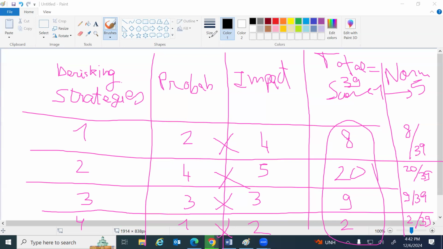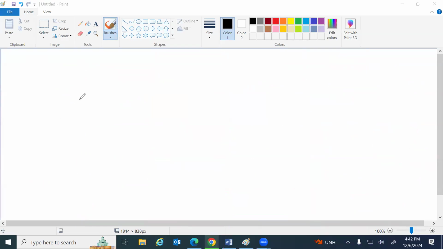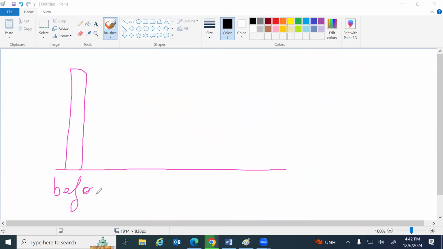Okay, so let us consider, for example, that in this problem, in general, we compare the current situation. So let's say, for example, before de-risking measures, I can give you the value of, for example, the rate.